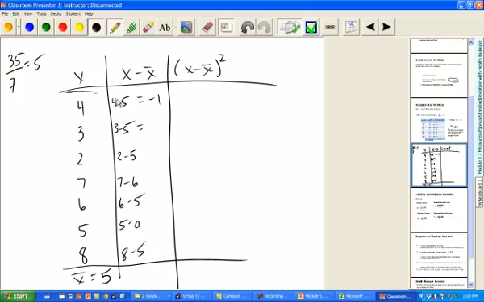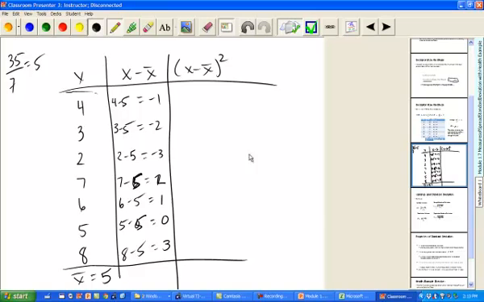Some of them can be 0. And some will be positive. Oops, sorry, 5 minus 5. All of them are subtracting the mean. This is 7 minus 5 is 2. 6 minus 5 is 1. 5 minus 5 is 0. 8 minus 5 is 3. So these are all the deviations.